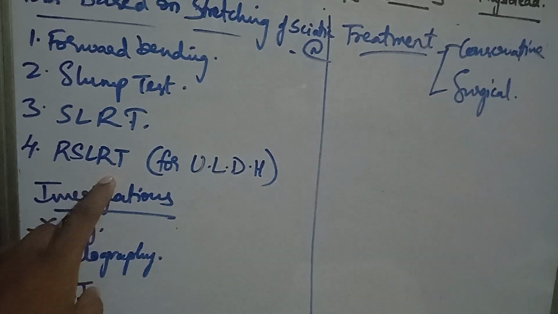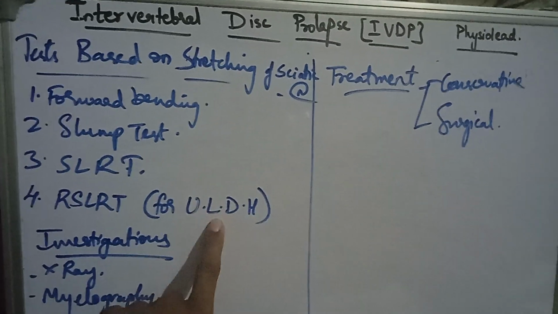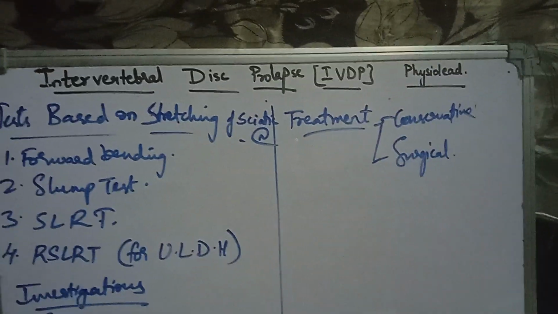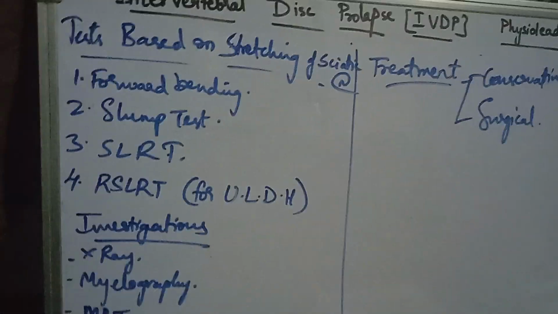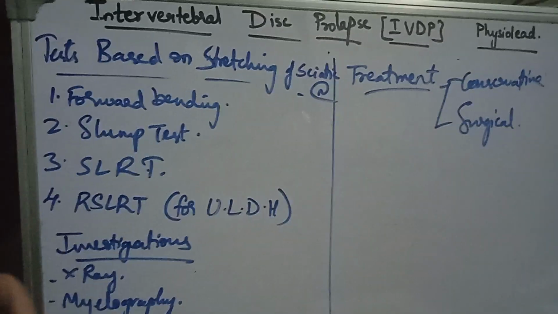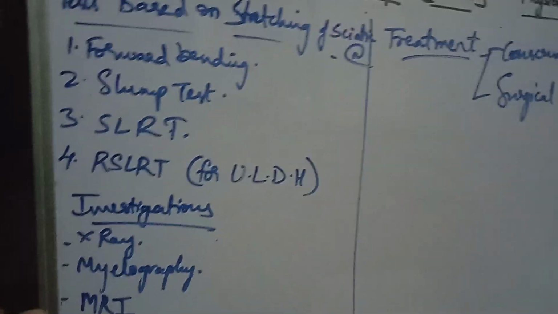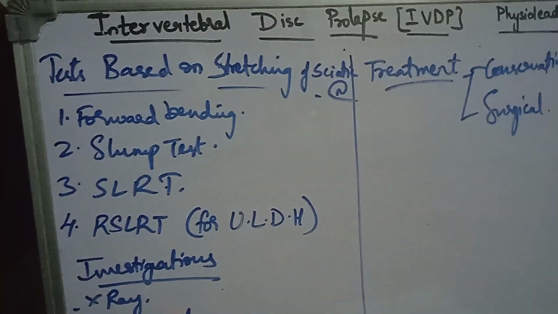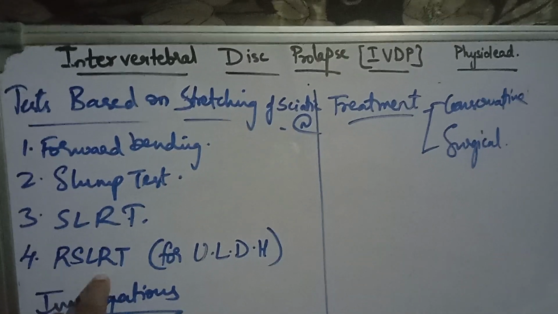Reverse SLRT is a test for the femoral nerve, where we see upper lumbar disc herniation. Most commonly we see L3, L4, L5, S1, the lower lumbar disc herniation, but sometimes L1, L2 may also have a disc herniation, which is positive by the reverse SLRT.